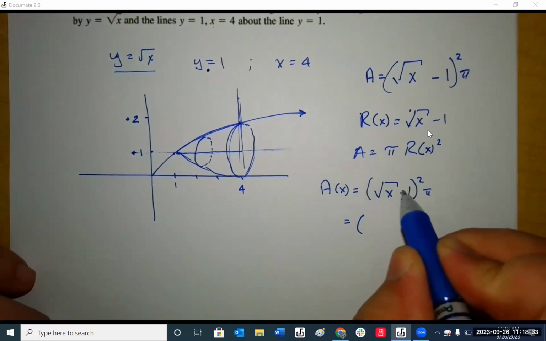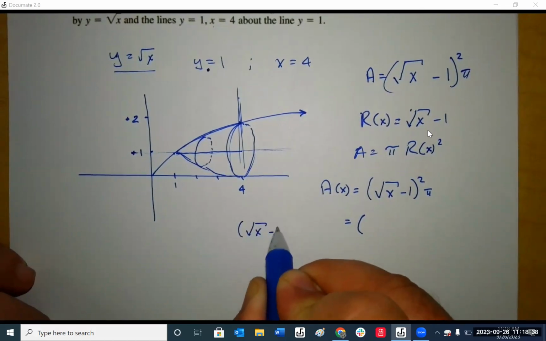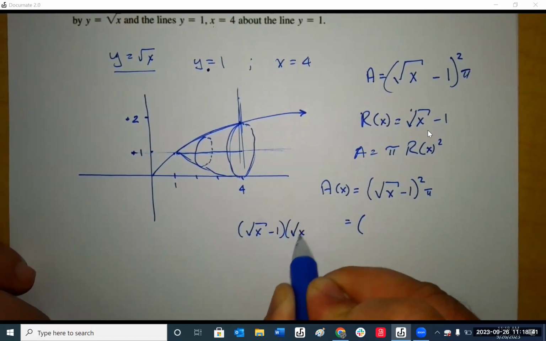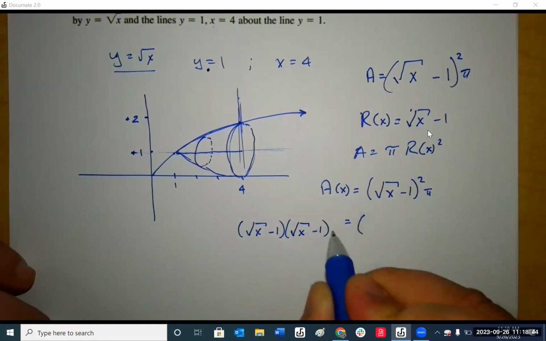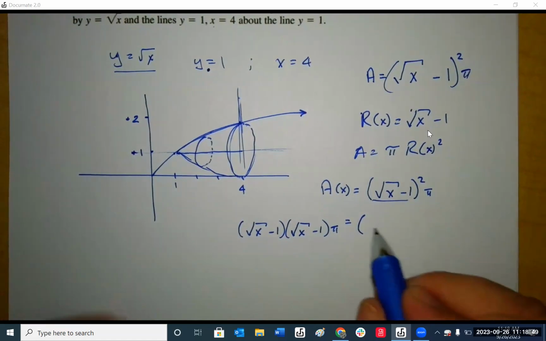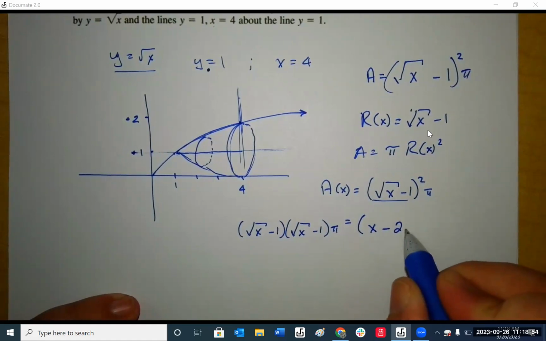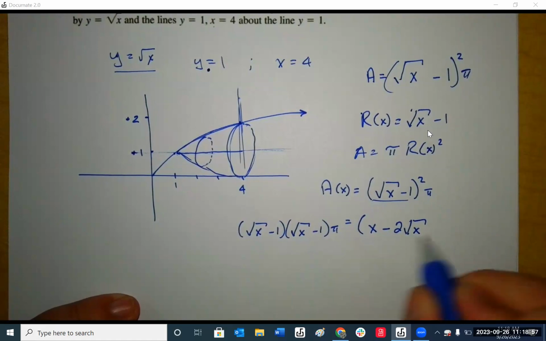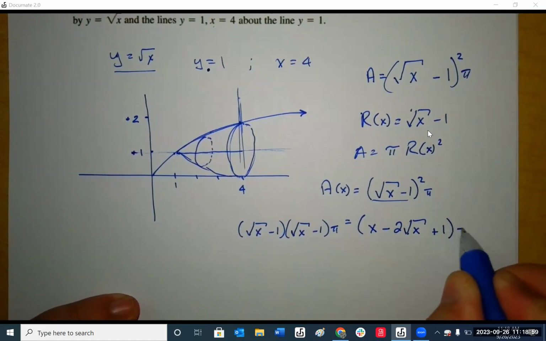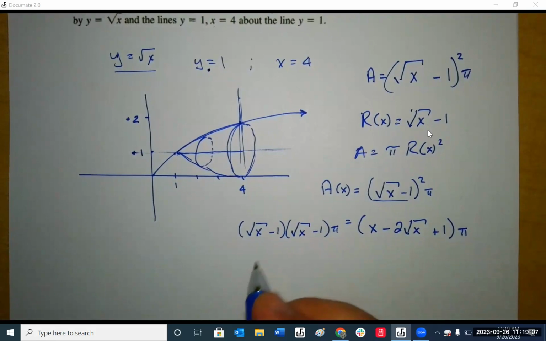So FOIL this, we get radical x minus 1 times radical x minus 1 times pi. That's what this says. Radical x times radical x is x, minus 2 radical x plus 1, pi. So that is our area.